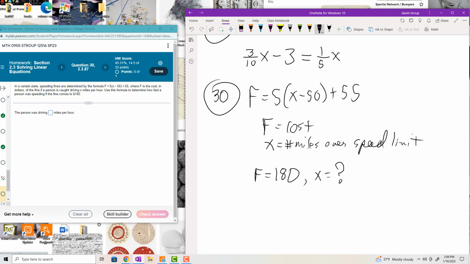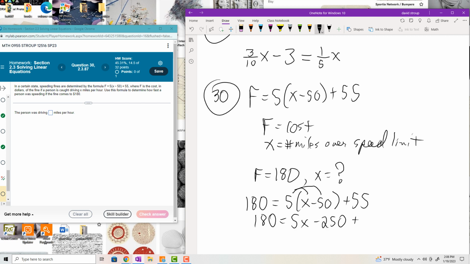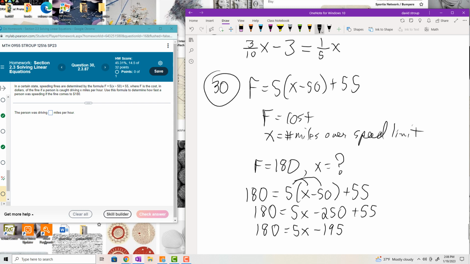So you substitute that 180 into the equation. I'm going to distribute this 5. Then combine your like terms. I think that's 195, right? 250 minus 50 is 200, and then minus another 5 is 195.